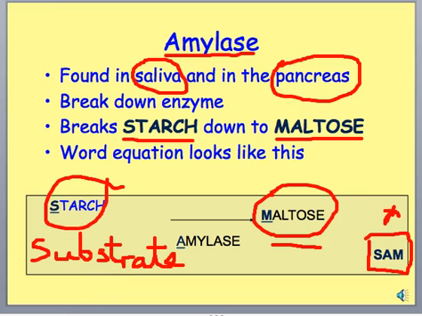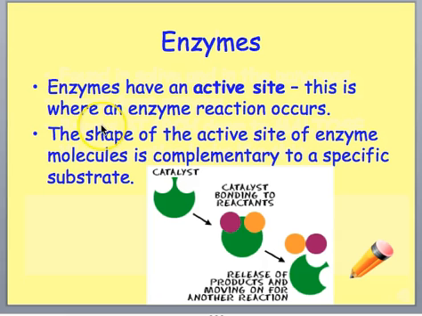Now I want to talk a little bit more about what we were talking about a moment ago when we were looking at this enzyme shape fitting onto the thing that we're reacting with. Every single enzyme that is produced, we've said they're proteins, and they all have specific shapes.